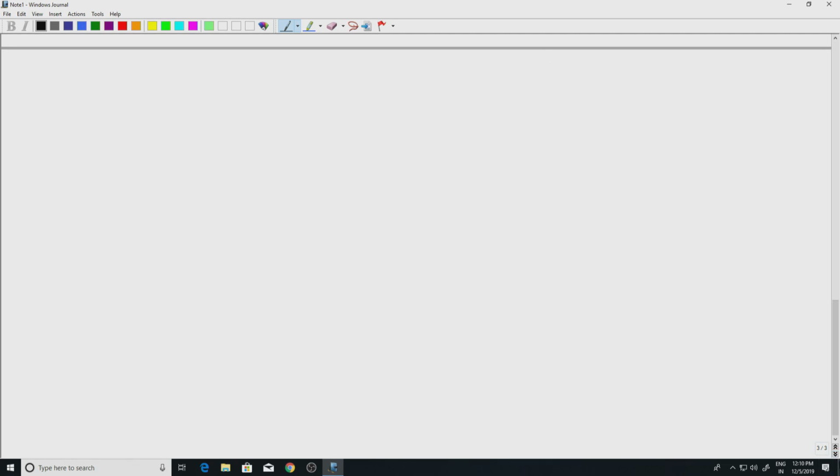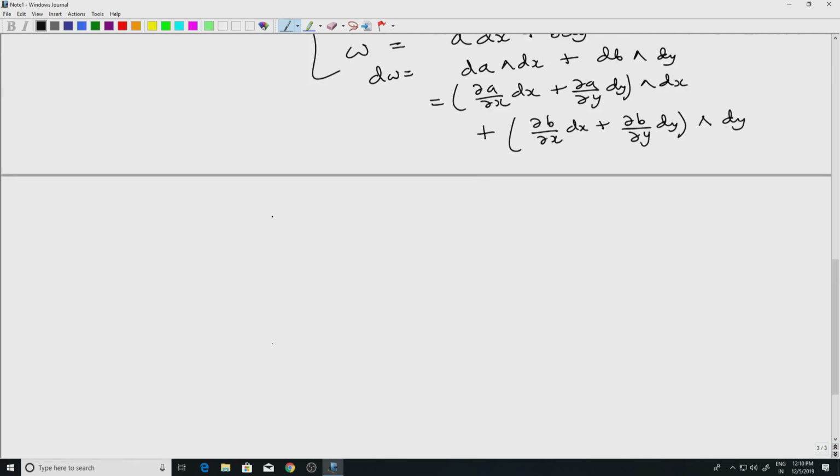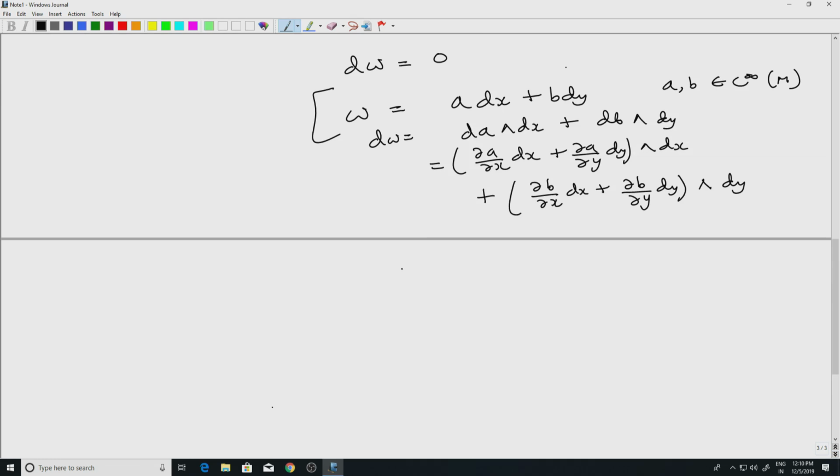And so in the first expression here, I have a dx here, and dx wedge dx will be 0. So I'll just get one term, dy corresponding to dy wedge dx. Similarly here I'll get dx wedge dy.